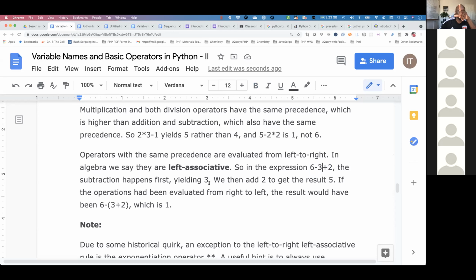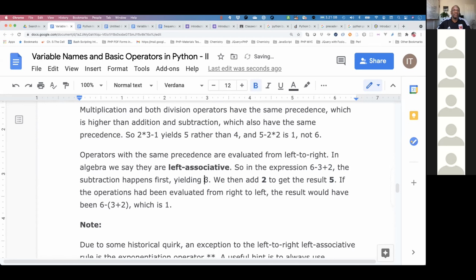And then we add 2 to 3, which is 5. It's not 3. I must have been rushing there. We then add 2 to the result. So this is 3. We add 2 to the result, therefore that's going to be 5. Okay, we got it right.